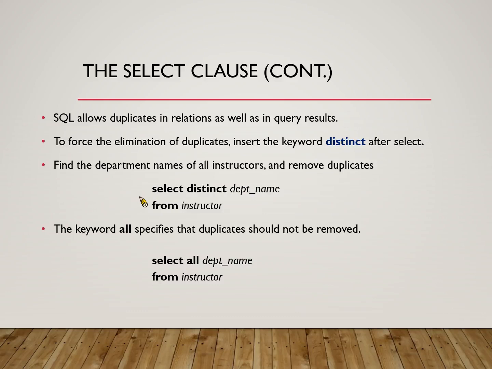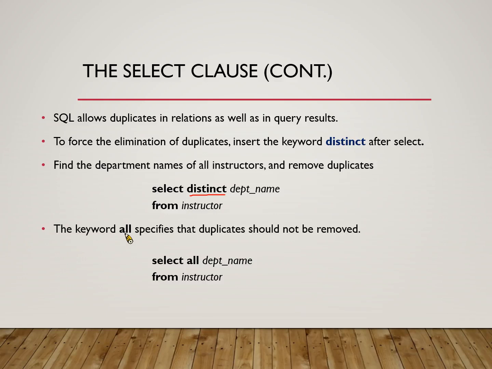Here we can have this statement: select distinct department name from instructor. Of course, the department name corresponds to the attribute name in the instructor table. The attribute names have to be the same as the attributes in the table.